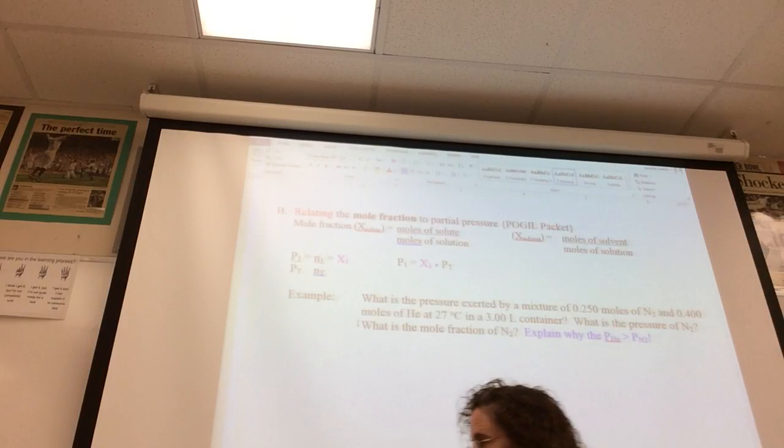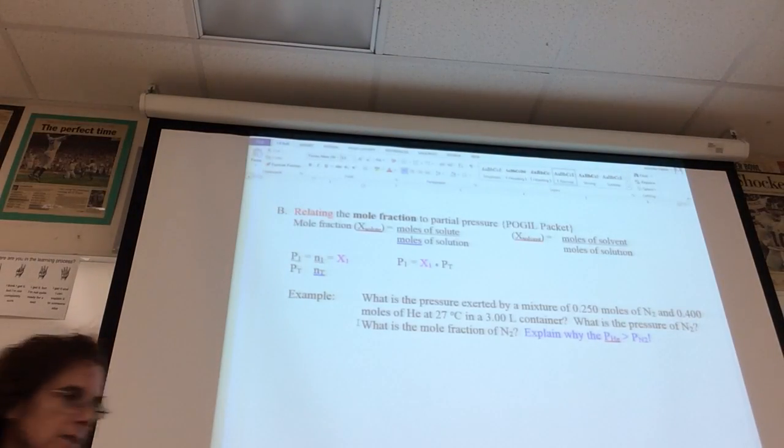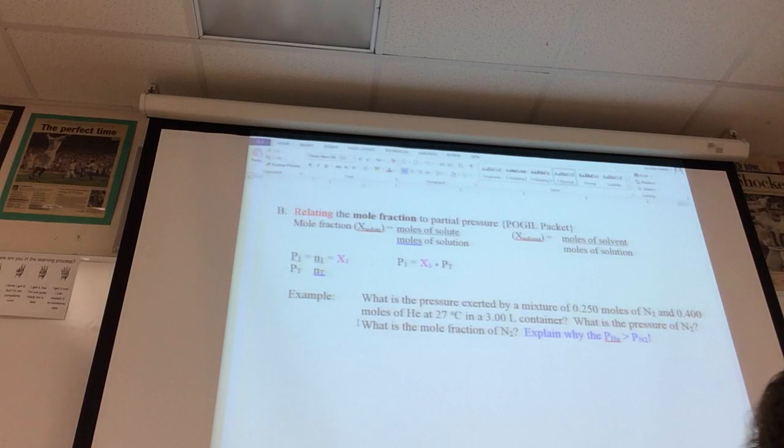All right, in terms of relating mole fraction to partial pressure, the first thing you want to do is review mole fraction. You learned about mole fraction in honors in the solution chapter, where you learned about molarity, molality, and mole fraction. Mole fraction, as it suggests, is a fraction. It's a number less than 1.